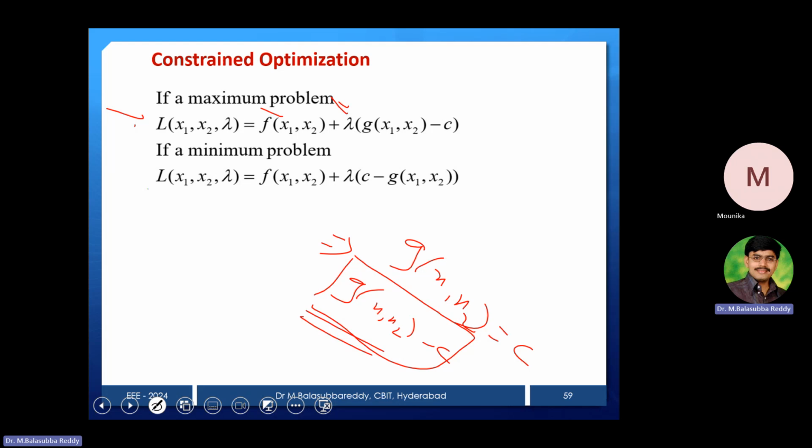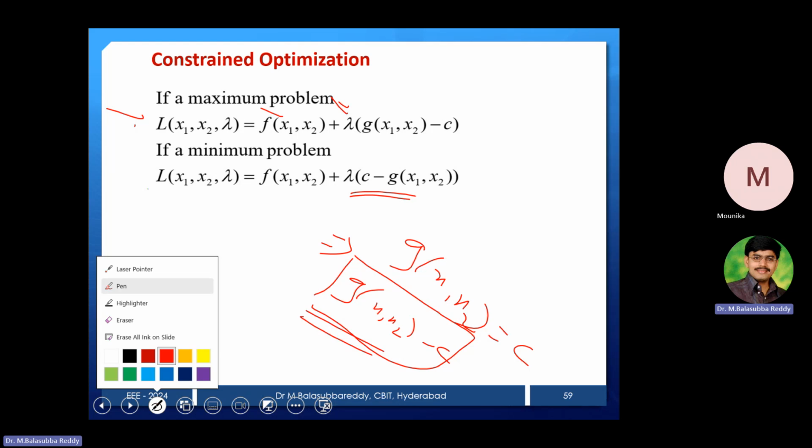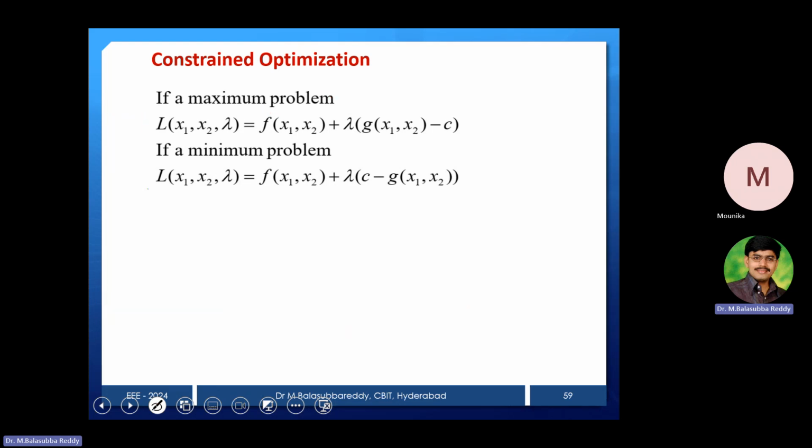If it is a maximization, this is used; if it is a minimization, we use c minus this, and we get the minimization function. This is the way we convert a constrained problem to an unconstrained problem. Now it is one equation.